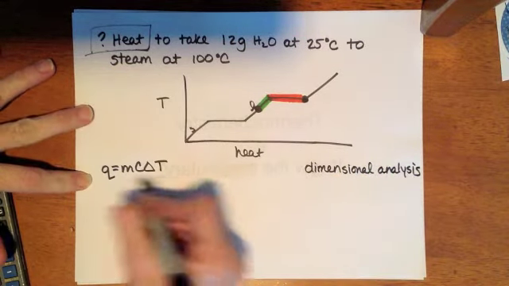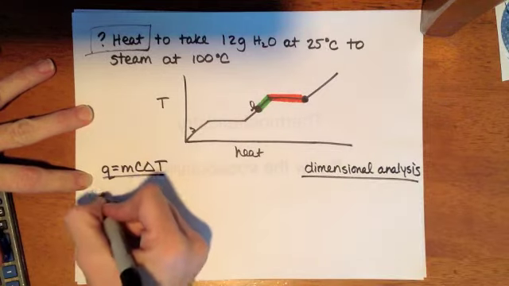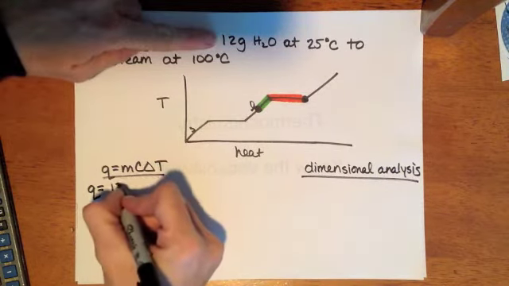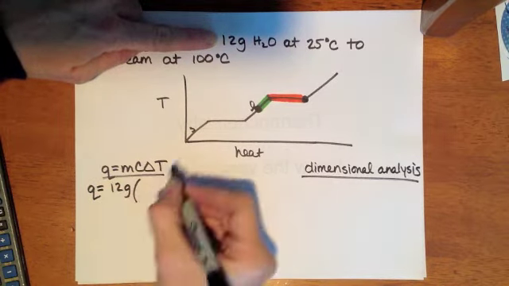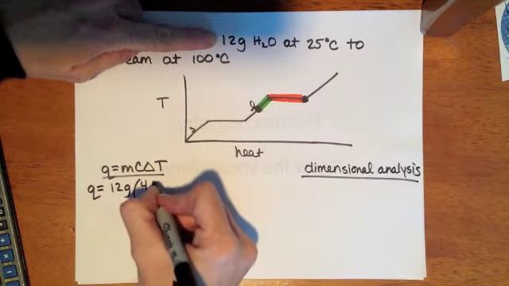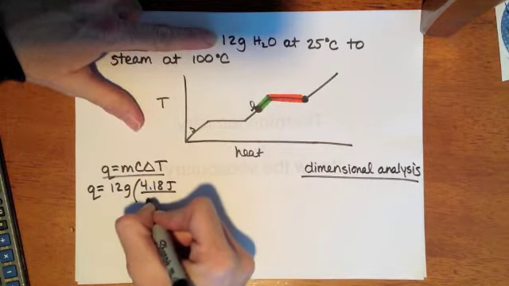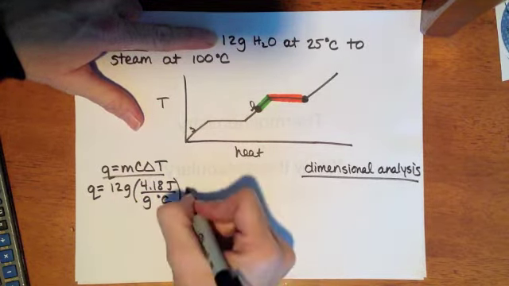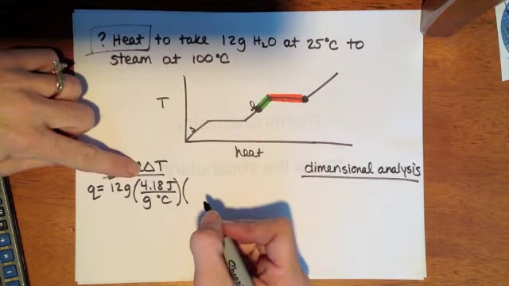So 2 problems. First part, Q equals MC delta T. How much heat? Well, how many grams of water? The mass of water. I look up the specific heat capacity of water. I also memorized it, and you're memorizing it too, right? Oh yeah. And then change in temperature.